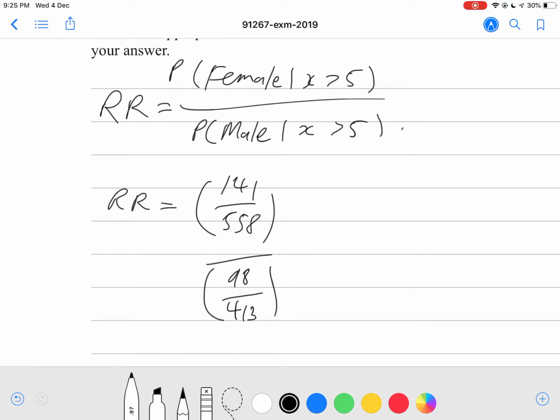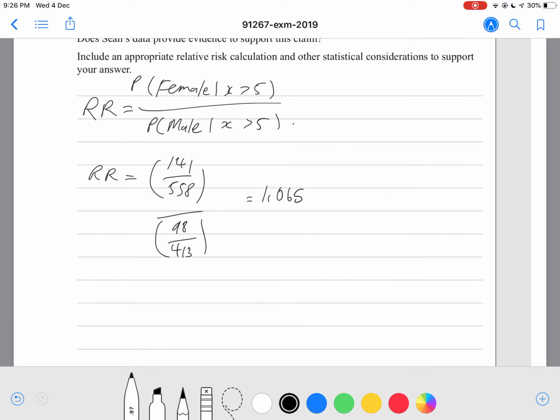So this relative risk comes out to be 1.065. So that will be your relative risk. So basically, females would be 1.065 times more likely to have a heavy school bag compared to a male in this study. So we can write our generalized statement.